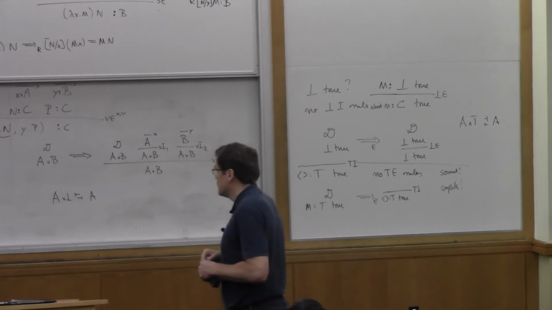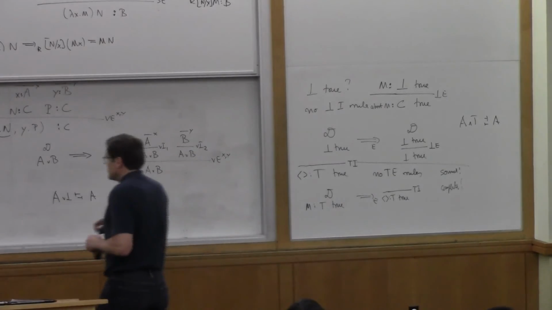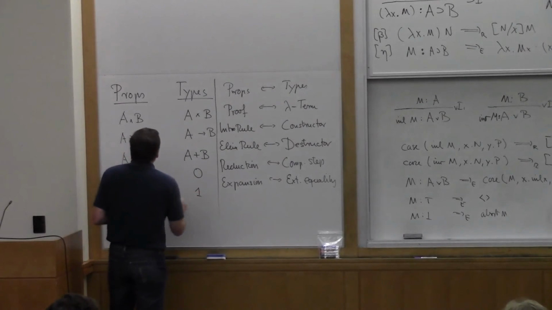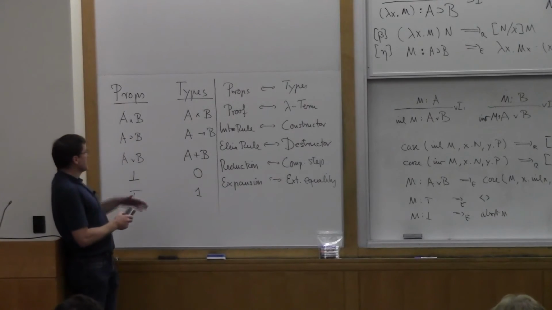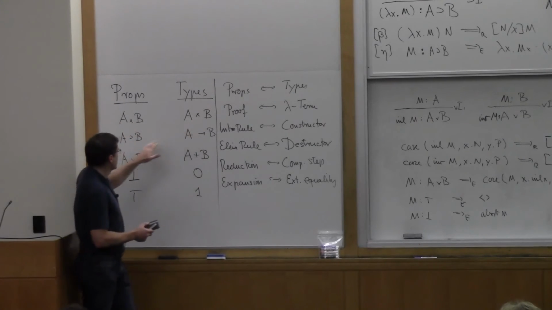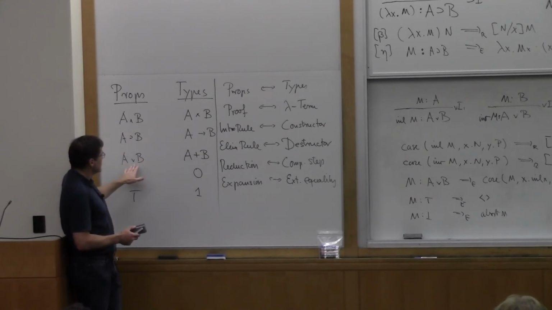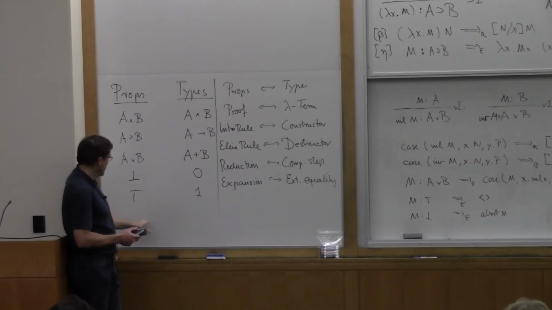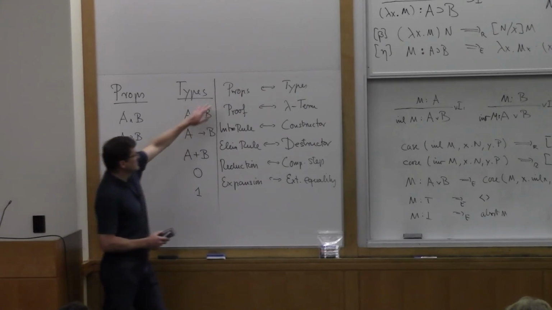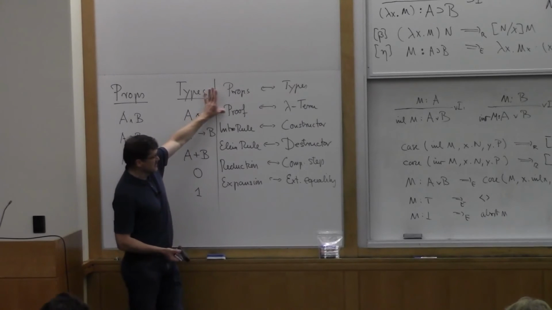So to come back now, what I did today, I established a very strong correspondence between propositions and types. Propositions in intuitionistic propositional logic. So conjunction corresponds to products, implication to functions, disjunctions to sums, bottom to the empty type, and top to the unit type. And we have that proofs correspond to lambda terms.